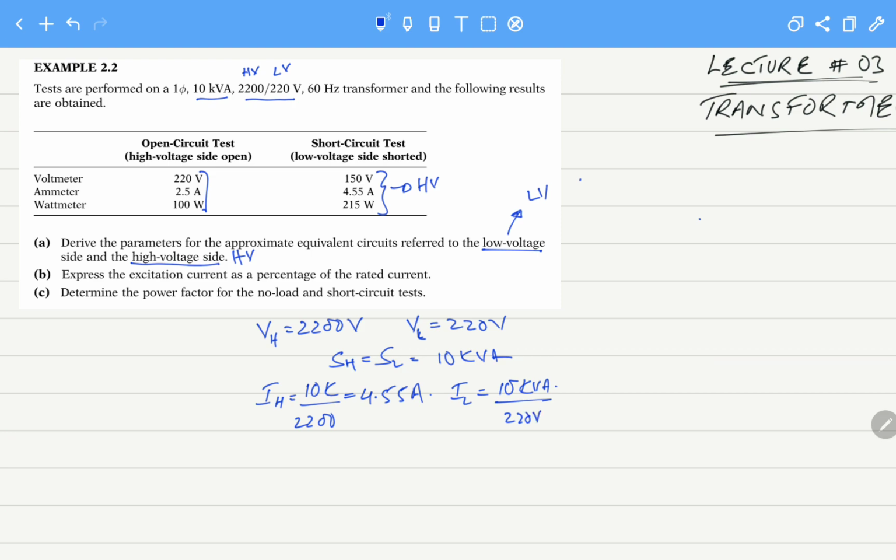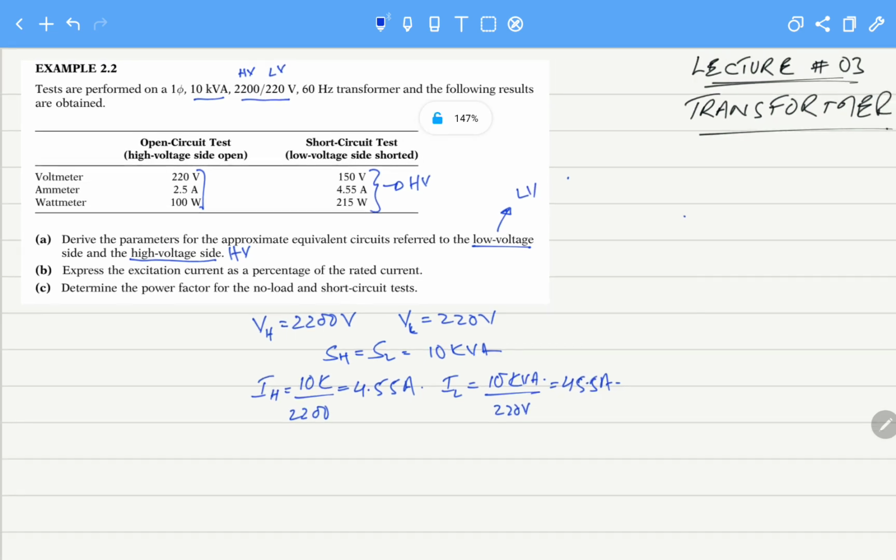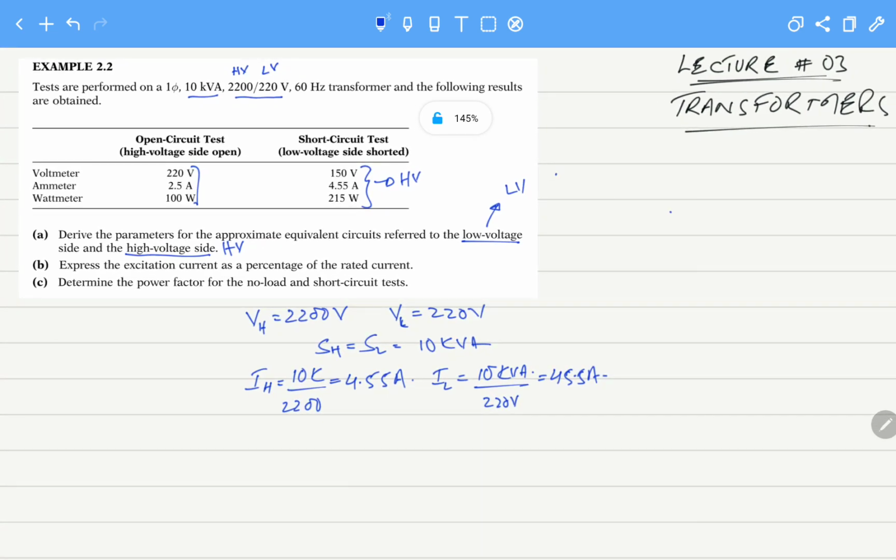So the low voltage side, which in our case is the secondary winding, will have a rated current of 45.5 amperes. This is a general understanding of our transformer, which has an input and output of 10 kVA, and these are the rated voltages and currents at our high voltage and low voltage sides.